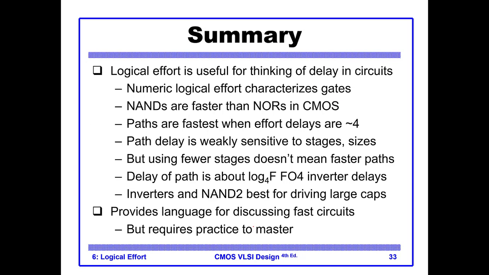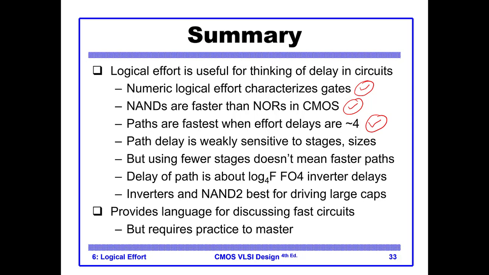So to summarize, logical effort is useful for thinking about delays in circuits. It is a sort of numerical value that characterizes gates. NANDs are faster than NORs in CMOS. Paths are fastest when the effort is approximately 4, so when F cap is approximately 4.